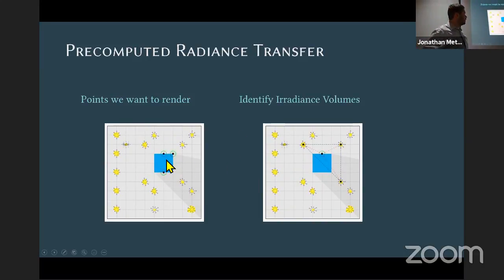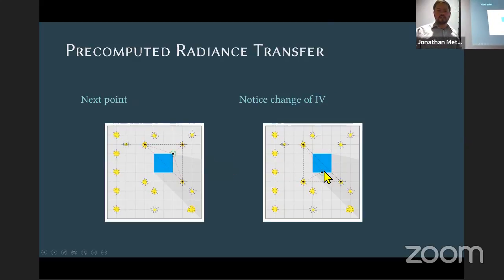We'll take this first one, and we identify that these irradiance volumes will contribute to this vertex. Then we blend them together and calculate what the irradiance should be at that particular point in space. We'll do the same for the other 2 values as well. If we chose a different point, like this space, then we use another set of irradiance volumes.